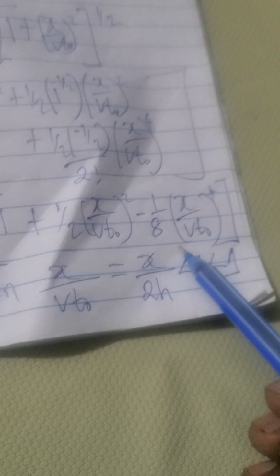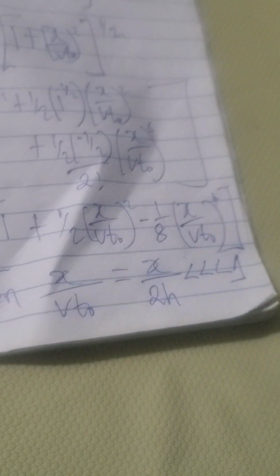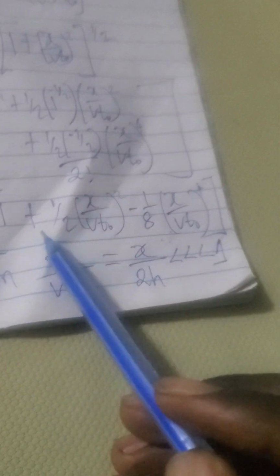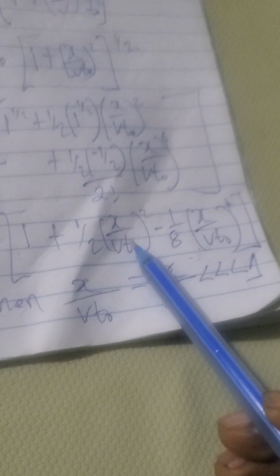Therefore, the condition for x over 2h being less than 1 holds for the interface at a great depth. If this condition holds, then we can neglect the third term in our expansion, because it will be very, very small. We can neglect this third term and the other higher powers so that this can be expressed by 2 terms.